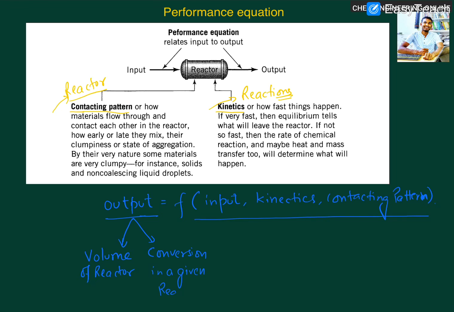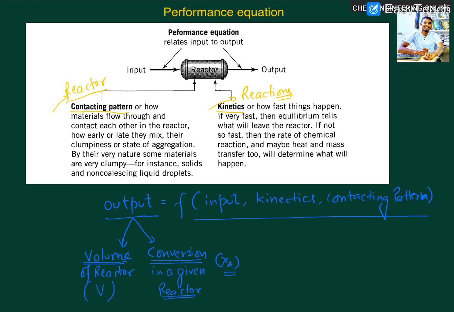So if we are asked to calculate the volume, a certain amount of conversion will be given to us in the form of XA, and if we are given a conversion, that means we already know the conversion and we have to find out the volume of the reactor for given conversion. So these are the two outputs that you can have.